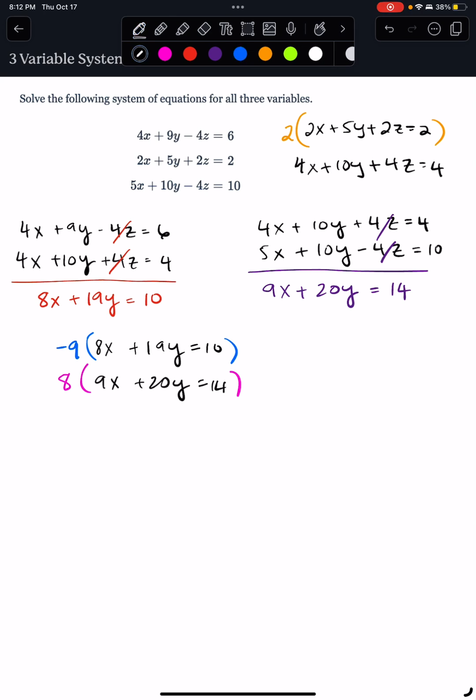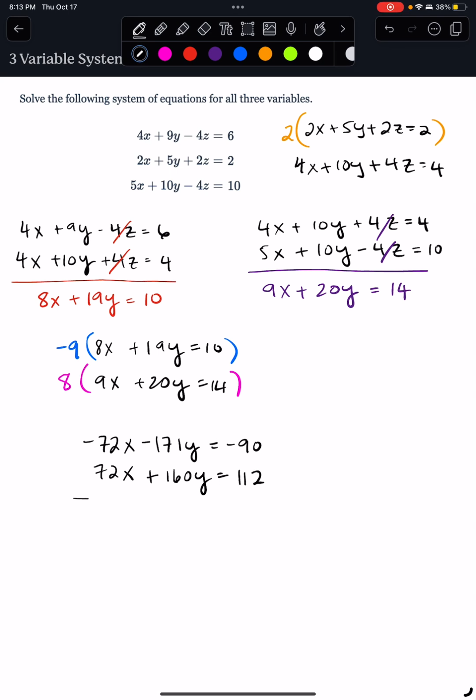When I go through and do this, I'm going to be left with negative 72x, 19 times negative 9 is negative 171y, is equal to negative 90. And then we're going to have 72x, 8 times 20 is positive 160y, is equal to 112.